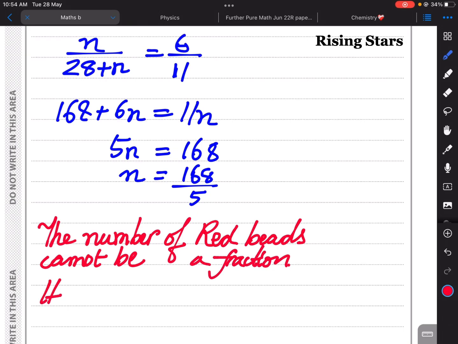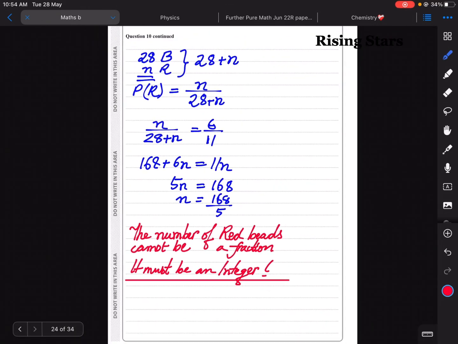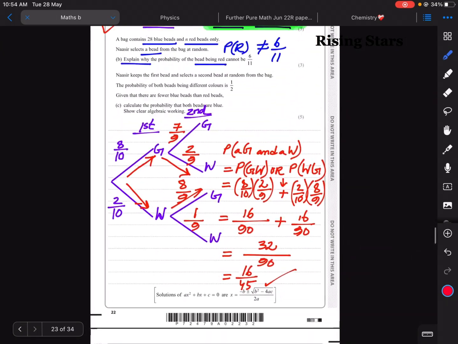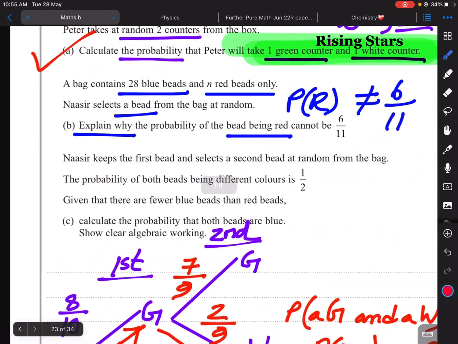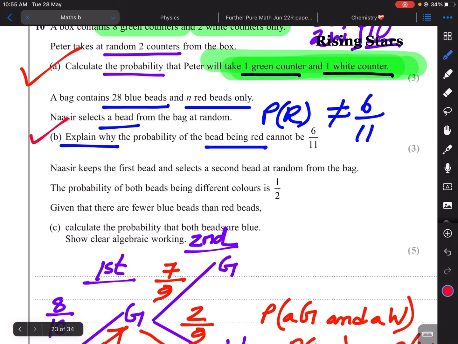It must be an integer. So this is the explanation that they want from us. Okay, I have the answer. Number of red bits cannot be a fraction, it must be an integer. Okay, so we are done with part B as well. For 3 marks, this is the working plus explanation. So you get the full mark here.